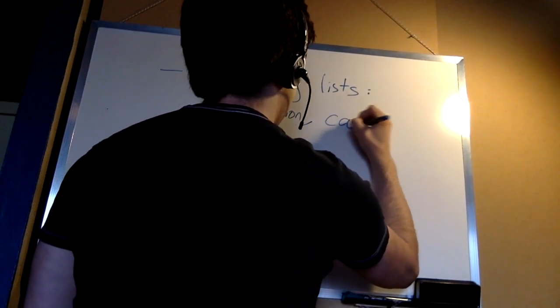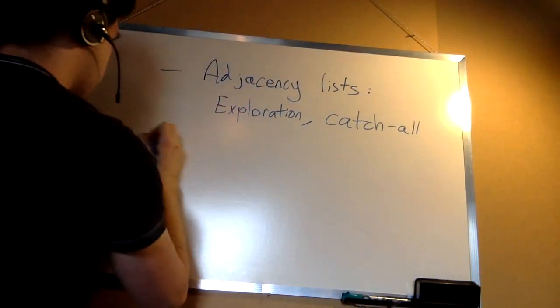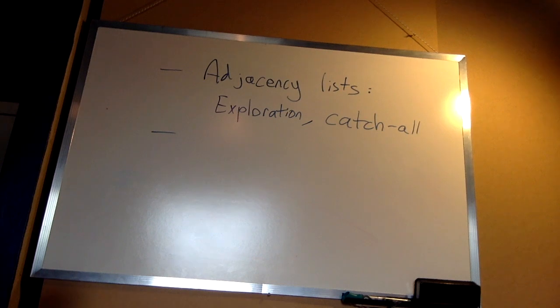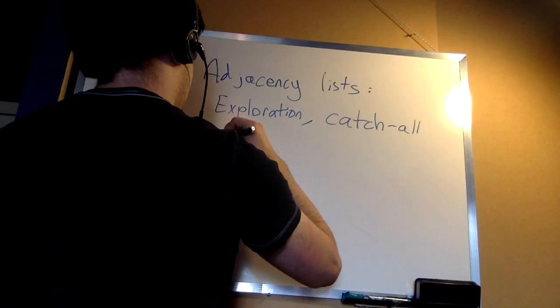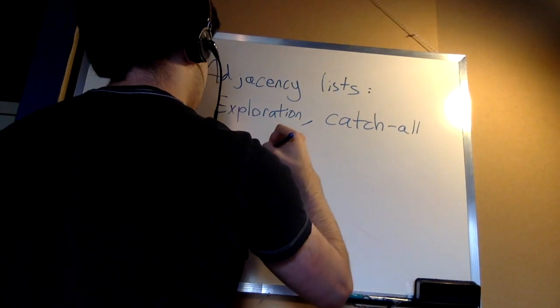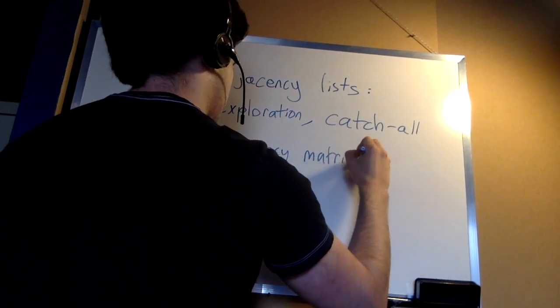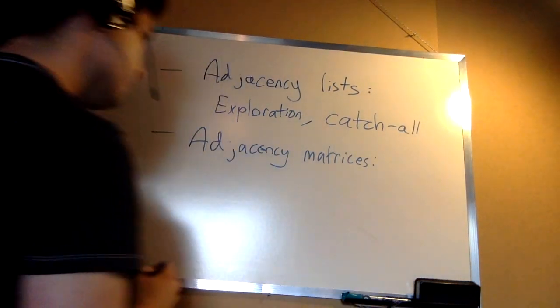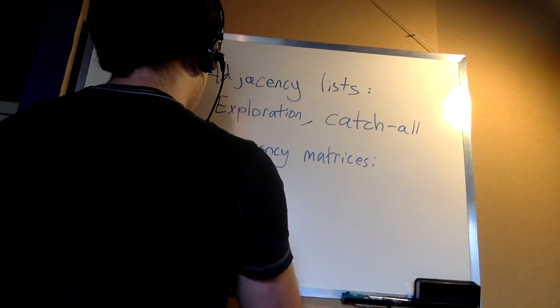They're sort of the catch-all. And then there's also adjacency matrices, and these are good for just quickly checking, is there an edge between two vertices?